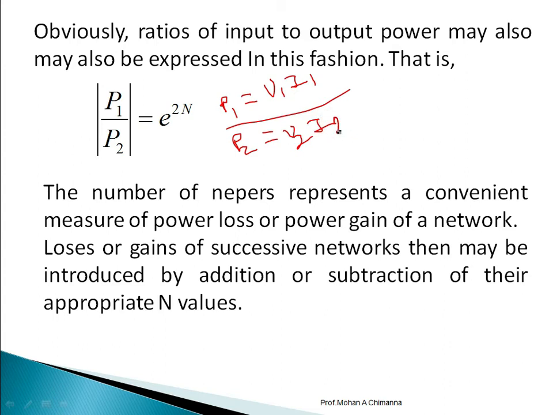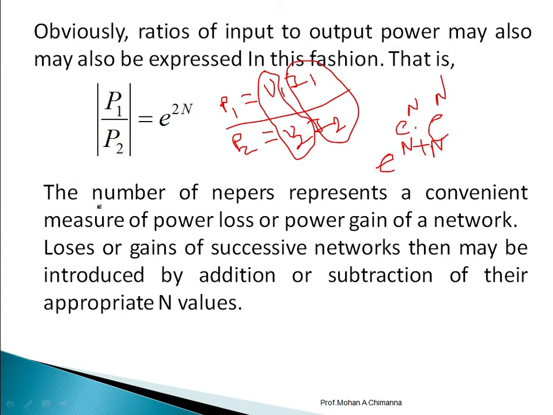So whatever you have, take the ratio: V1 upon V2 is equal to e raised to n, and I1 upon I2 is also e raised to n, into e raised to n. So what we do here is e raised to n plus n, which means e raised to 2n.